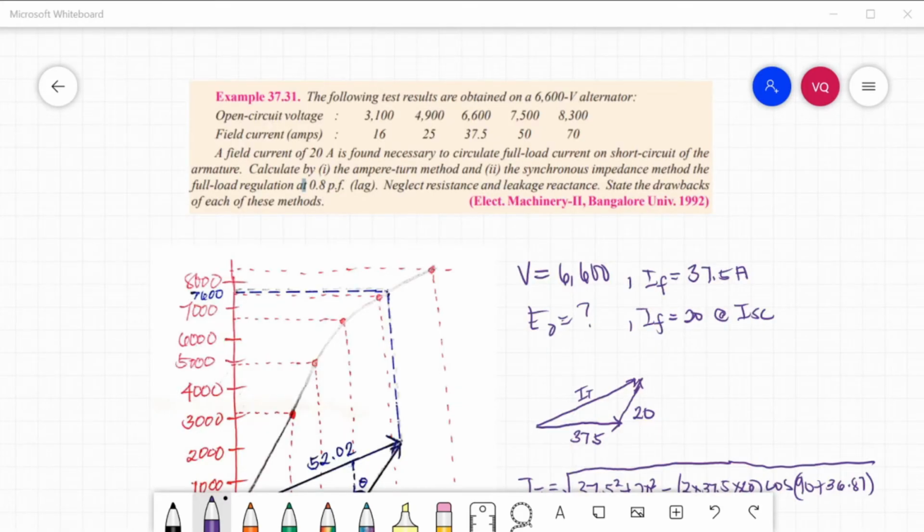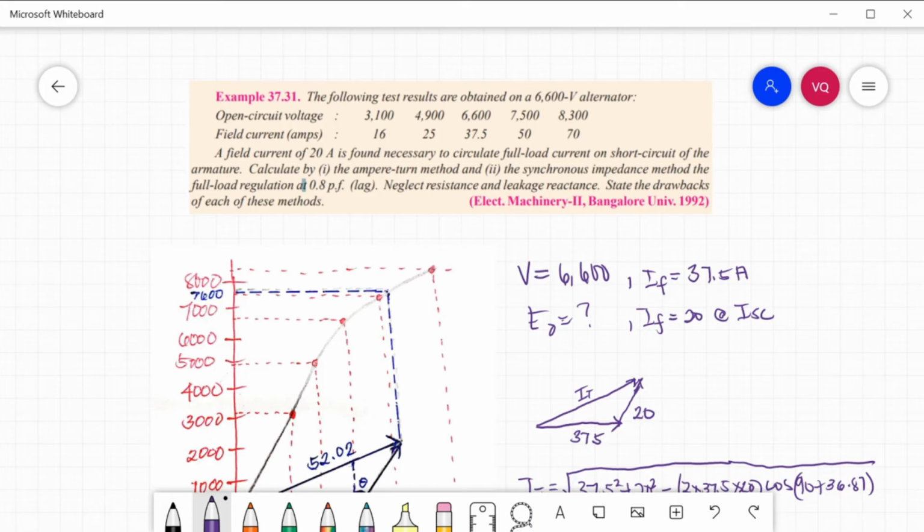Second example, we have the following test results obtained on a 6600 volts alternator. For the open circuit voltages, we have 3100, 4900, and so on and so forth until 8300. Field current 16, 25, 37.5, 50, and 70.